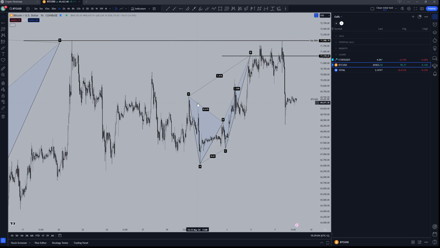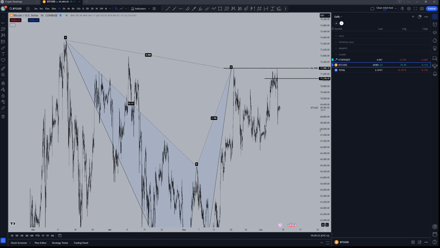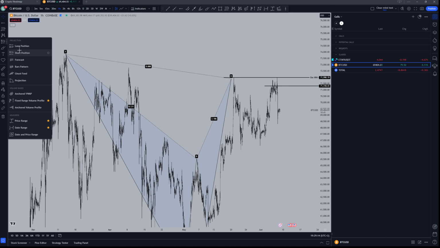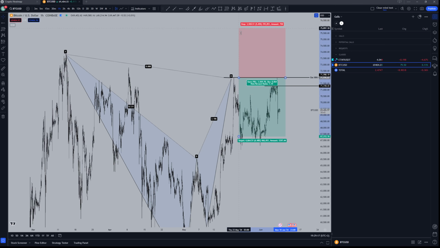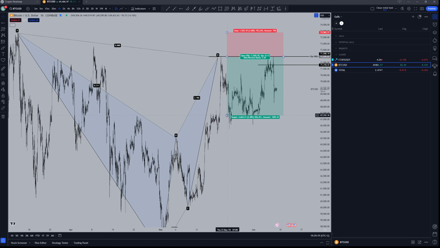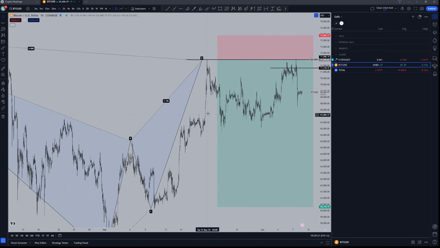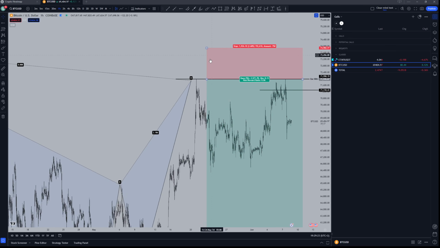So like other styles of TA, you can use these smaller time frame harmonics to find a more precise entry for bigger time frame plays. So, for example, if you wanted to take this short, you have this short here, but you don't like that the stop loss is all the way up here.